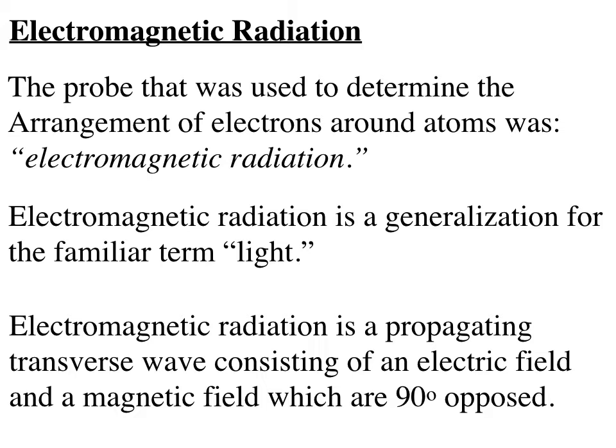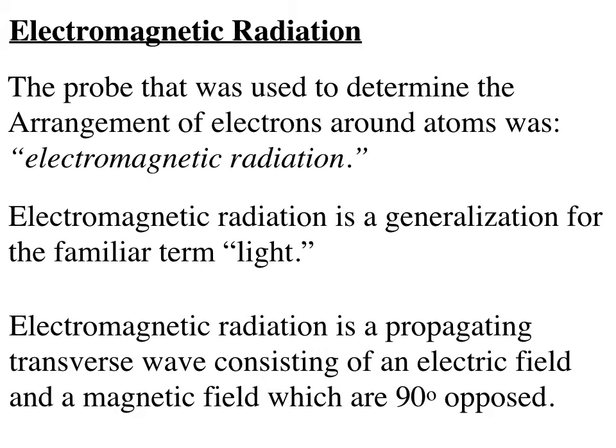So, as we say here, the probe that was used to determine the arrangement of electrons was so-called electromagnetic radiation. The reason we use that general term is that we generally equate electromagnetic radiation with the term light, but there are a large number of frequencies or wavelengths of electromagnetic radiation that fall outside of the realm of what we typically mean when we say the word light.